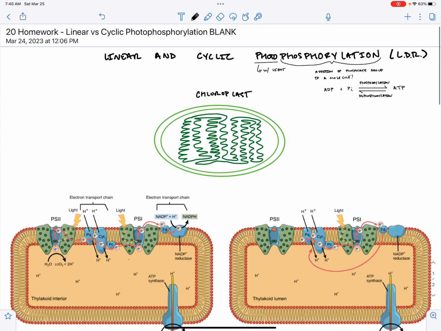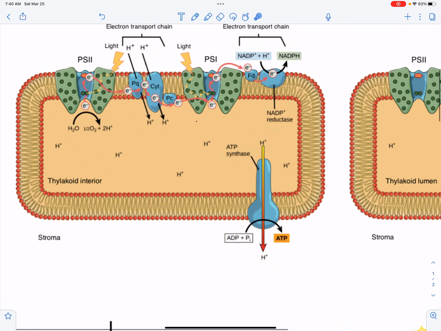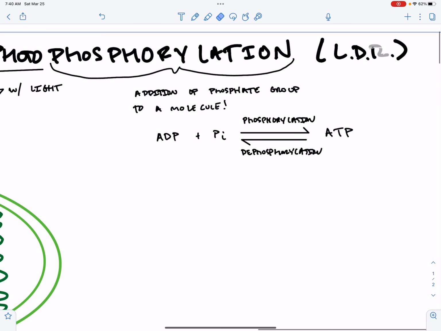Photophosphorylation. Okay, so if we zoom down here, we've looked at this image in class, and you can see here we're attaching a phosphate group to ADP, and we're using the energy of light in order to do this. So another word for the light-dependent reactions, didn't mean to erase that, is photophosphorylation.